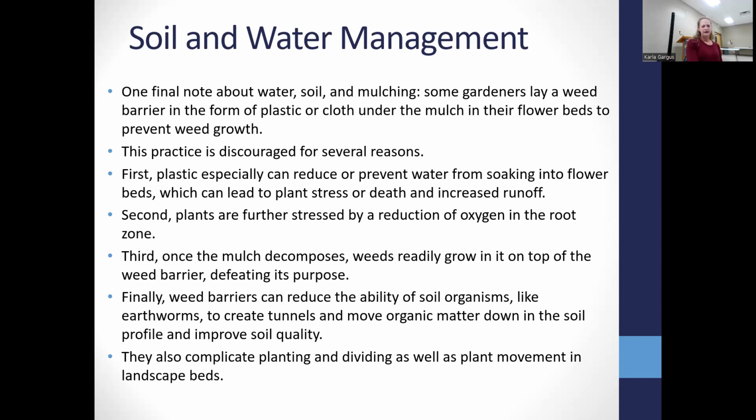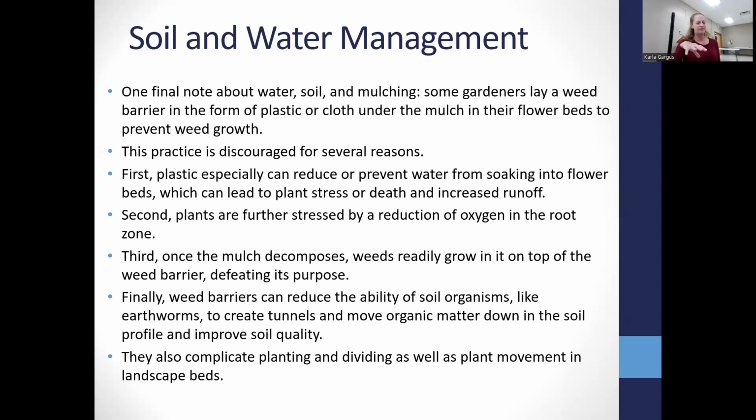Weed barrier fabric is just overused, and it can cause a lot of problems, especially if it's in an annual bed where you're going to be changing plants out every year. You'll probably want to find a different method of weed control, because usually with your weed barrier fabric, you're wanting to keep the weeds out.